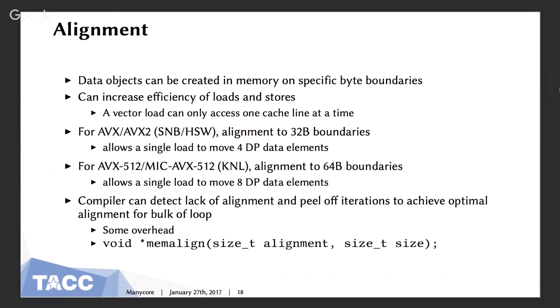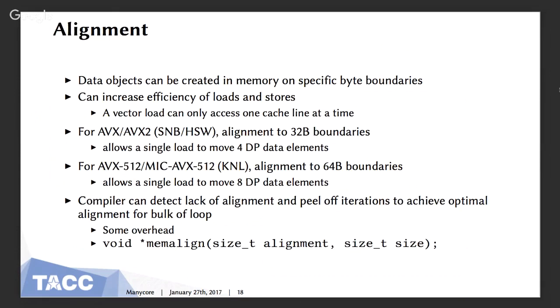For AVX512, you want the alignment to be along 64 byte boundaries. And what this would allow is that a single load is moving 8 data elements simultaneously into your vector registers. Now you don't have to worry about this so much because the compiler can actually detect a lack of alignment.